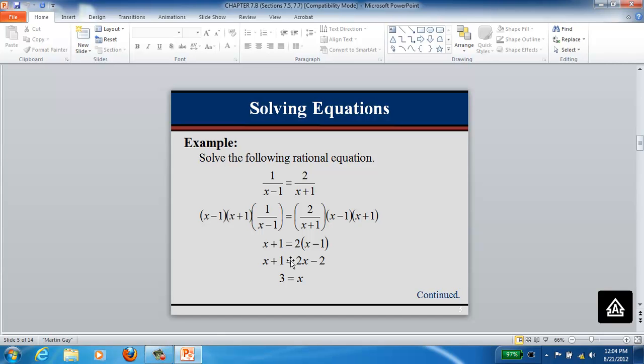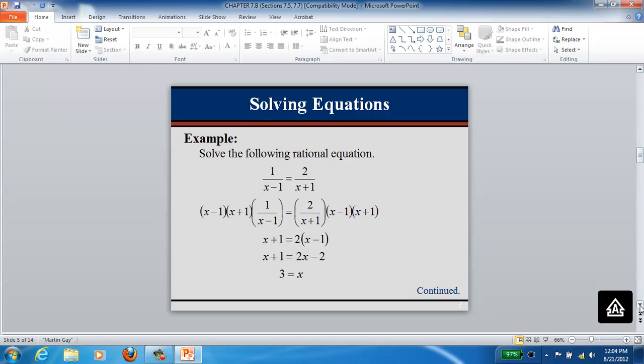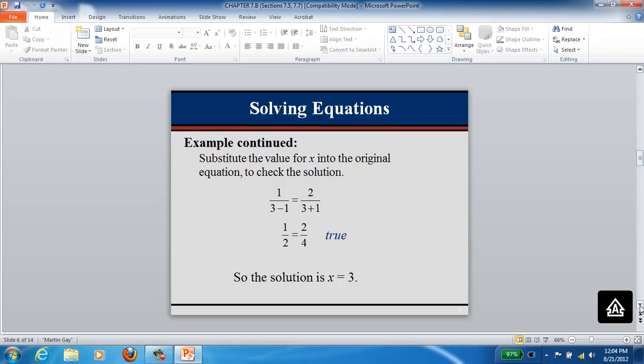So simplifying, distributing, and solving for x. X is equal to 3, and then check your answer by substituting 3 back into the equation to see if your equation is true. And it is.